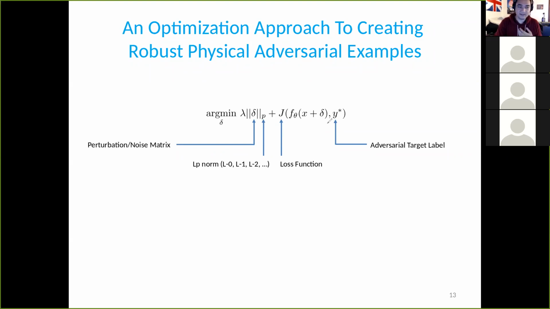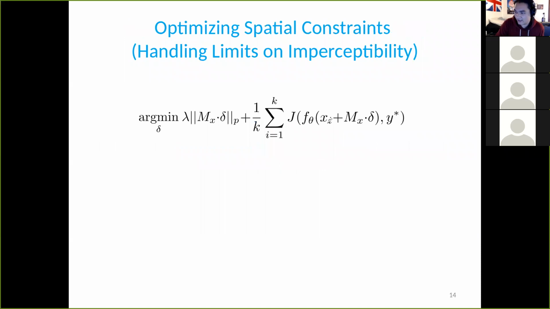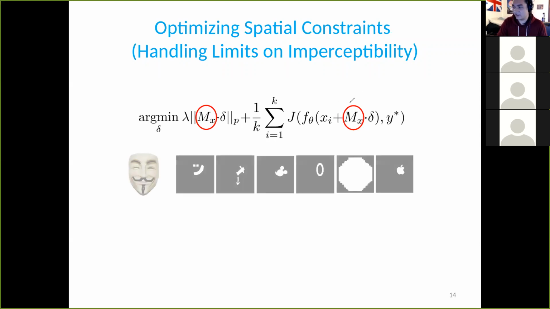But one thing we can do instead of generating noise across the entire image is restrict the noise to be generated in a very small part of the image. The way that we do this is by adding these mask values. So we can say that we want to have a perturbation in a particular area of the image and only add to particular parts of the image.